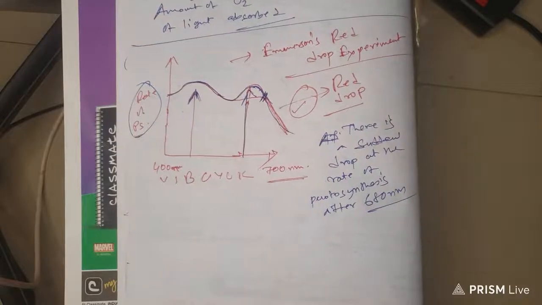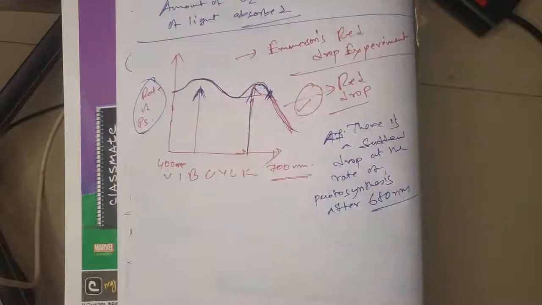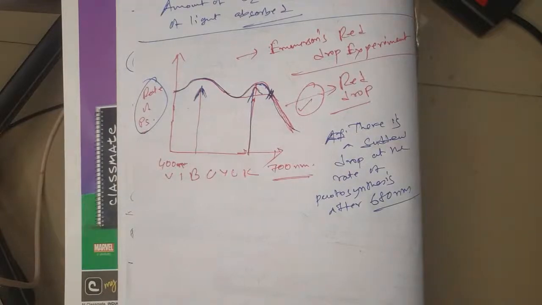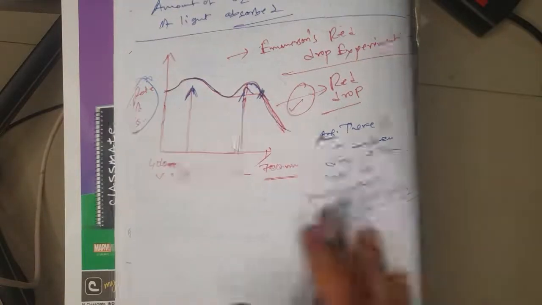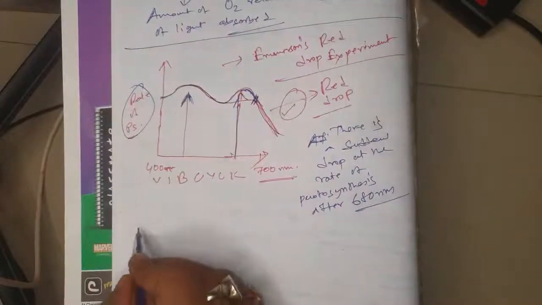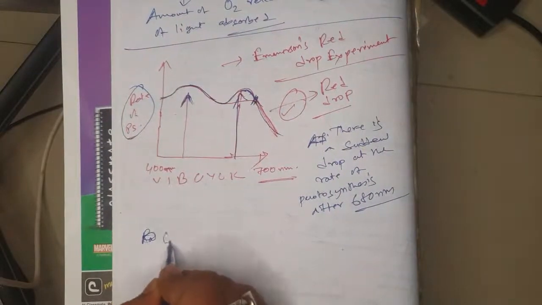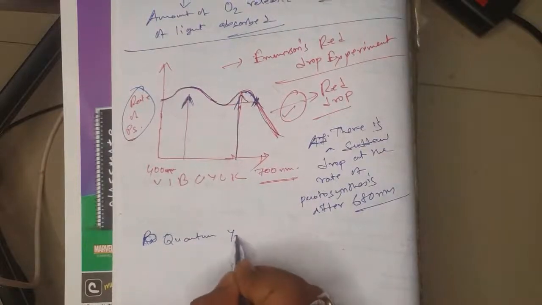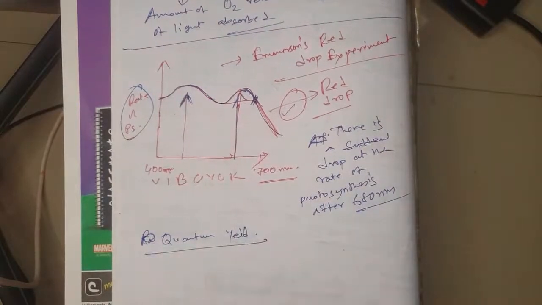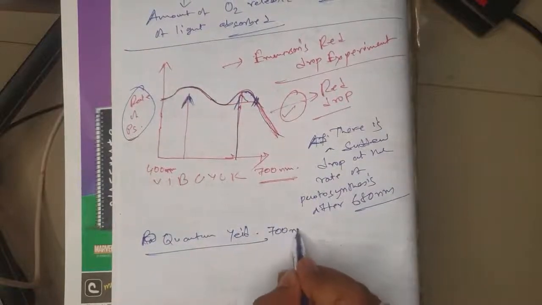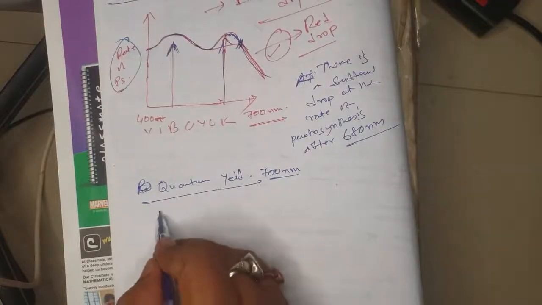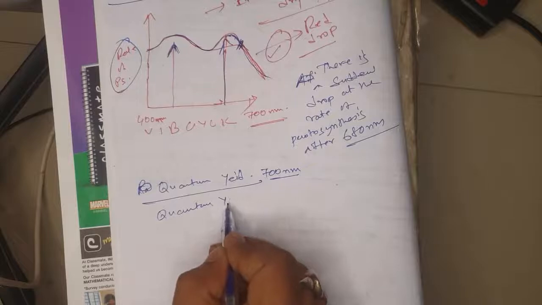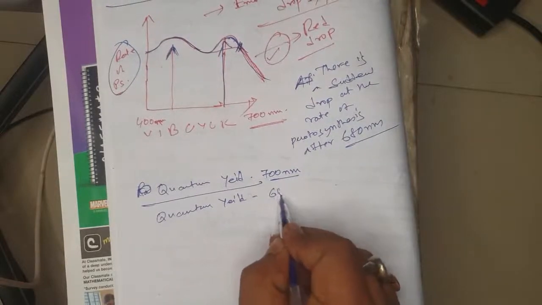Now this aroused a question in him: fine, it is dropping, but why? When he saw the drop after 680 nanometer, he did some experiments in that range. He said, I will measure the rate of photosynthesis, or quantum yield, at 700 nanometer, and I will measure the quantum yield at 653 nanometer.